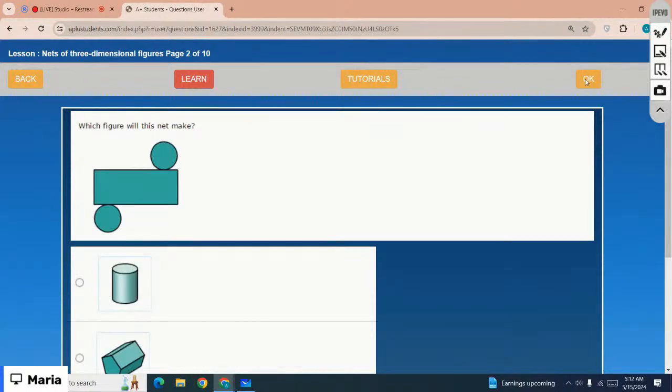Which figure will make this net? So which is the correct option? Option 1 or option 2? Yes, option number 1 is the correct option.